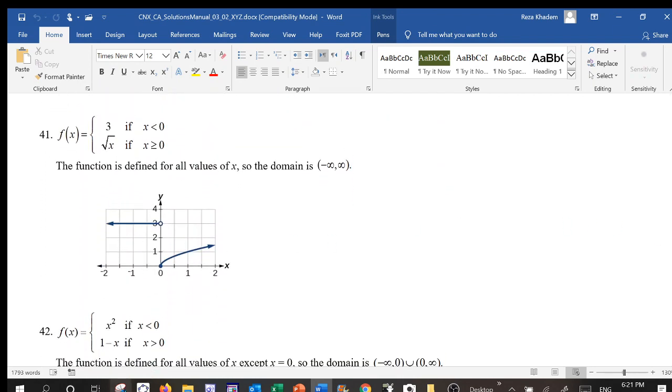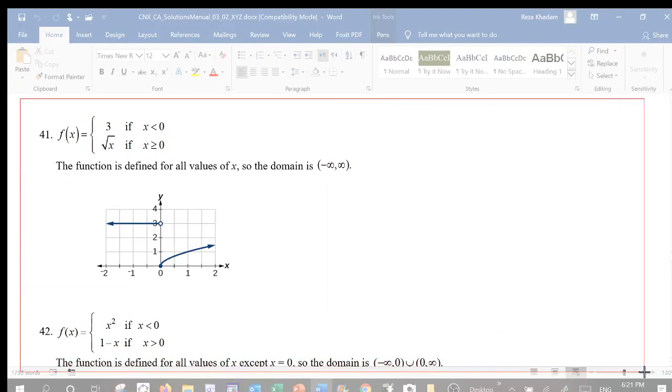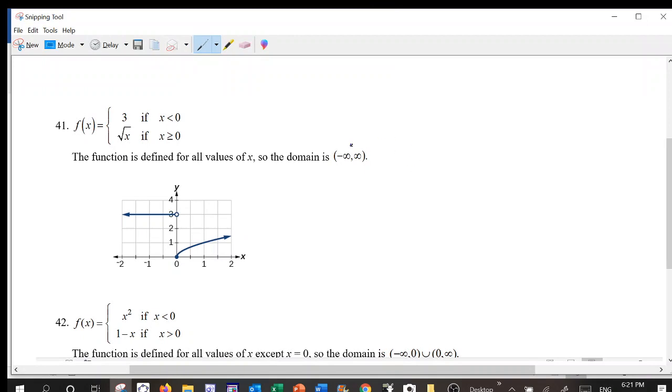So again, I want to graph this. This is a piecewise function. How do we go about doing this? Well, I know that to the left of 0, this function looks like just the line that goes through 3, like that, right? And to the right of 0, and at 0, it's going to look like this.